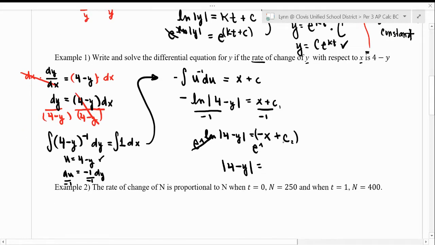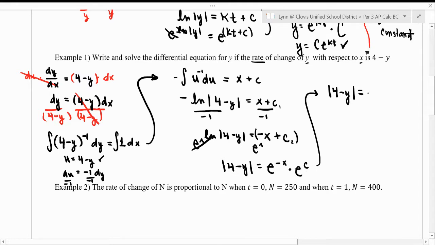So then this would be e to the -x, and then times e to the c. And again, I'm just going to write them as constants, even though they're all different constants from each other. Just to double check, if we have the same base, we add our powers, and I'm just using that rule backwards.